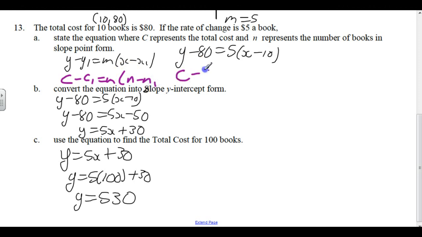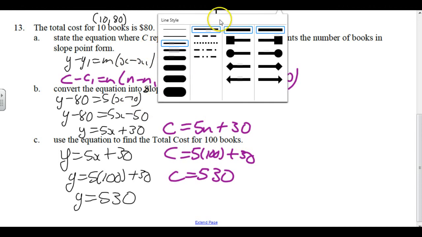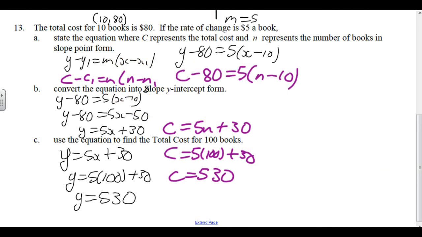So this will be c minus 80 is equal to 5 times (n minus 10). So this is c is equal to 5n plus 30. Do they want a function? No, equation. So 5 times 100 plus 30. So ignore the black. It's all about the purple. Because of the requested use of the variables. And I think we're done.